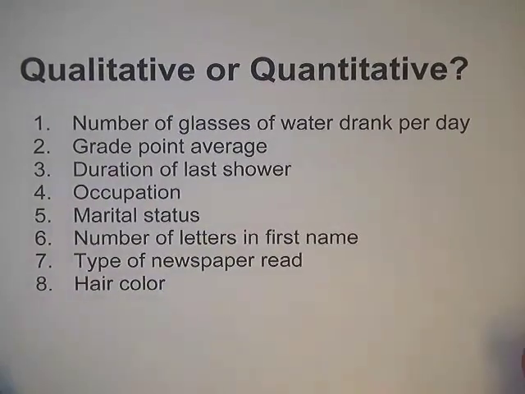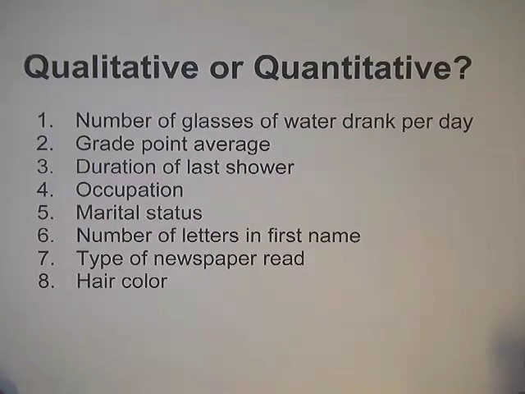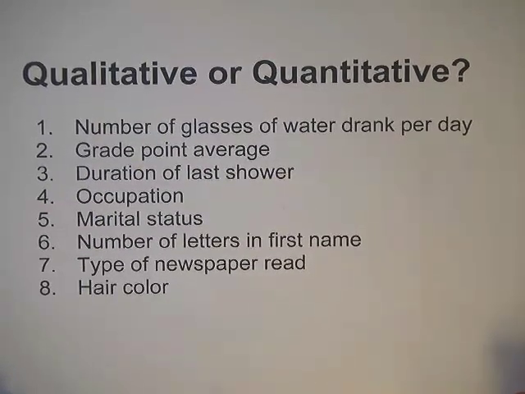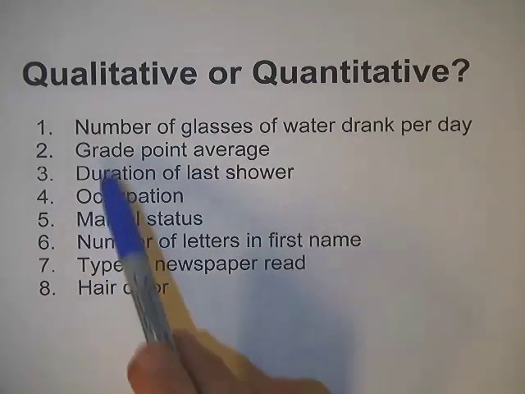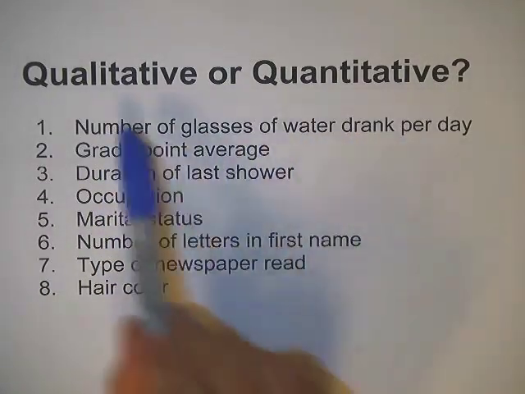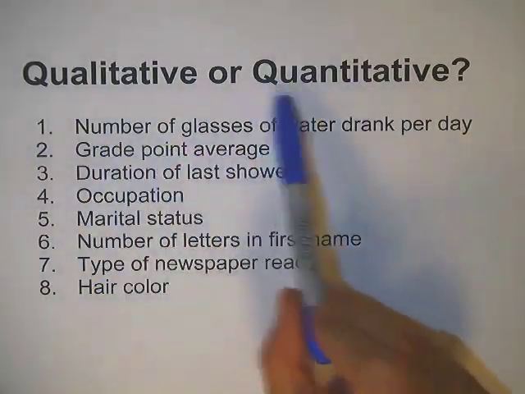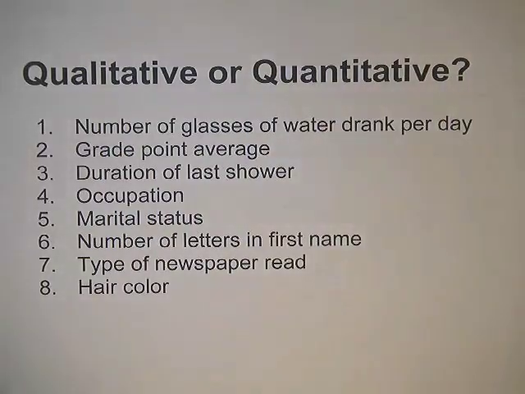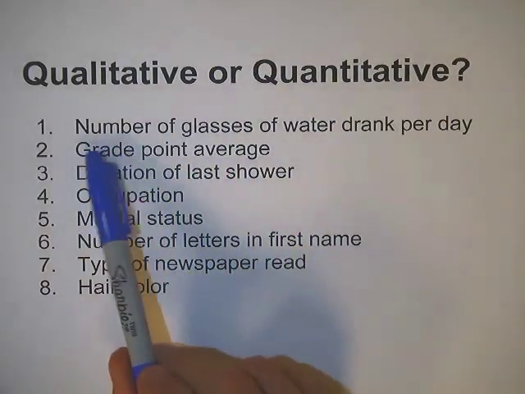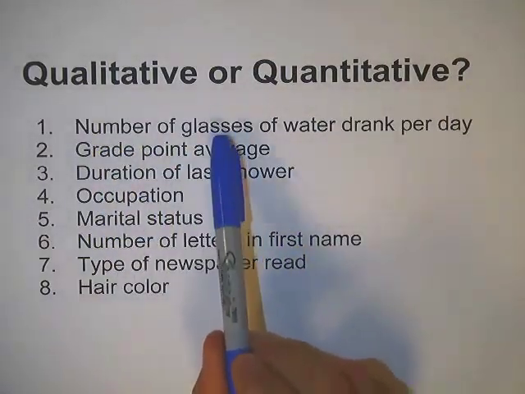Let's see if we are understanding qualitative versus quantitative. Let's go through each of these and decide whether they're qualitative or quantitative. Number of glasses of water drank per day. Is it qualitative or quantitative? This would be a quantitative variable because we're measuring how many glasses of water.